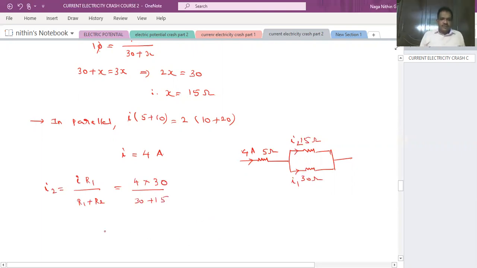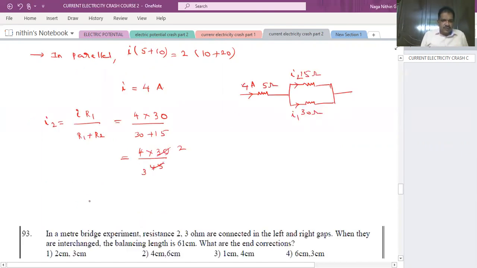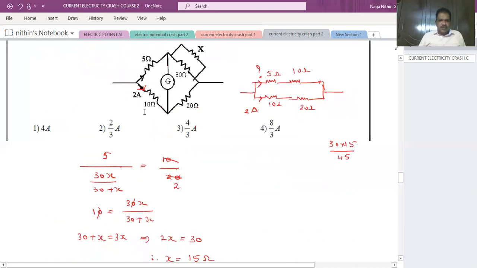So 4 into 30 by 45, 15 twos, 15 threes. So I2 is equal to 8 by 3 amperes. Okay. So option for this will be this one.